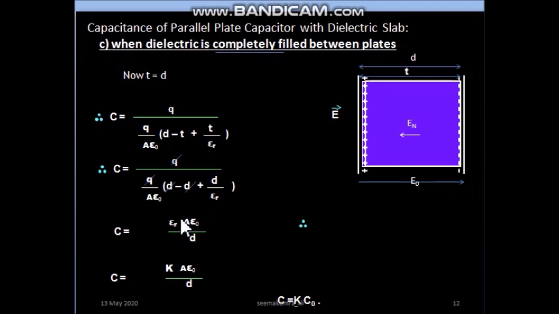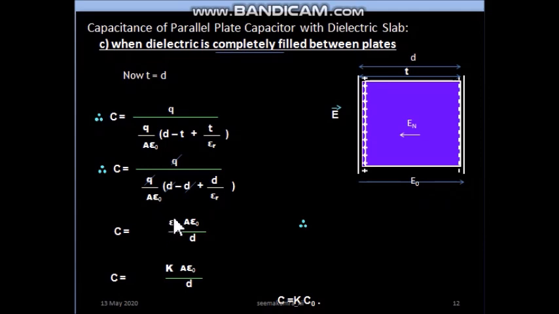That means the capacitance of the air capacitor, the first case, was A epsilon 0 by D, but when the dielectric is completely filled between the plates, the capacitance increases by epsilon R times.